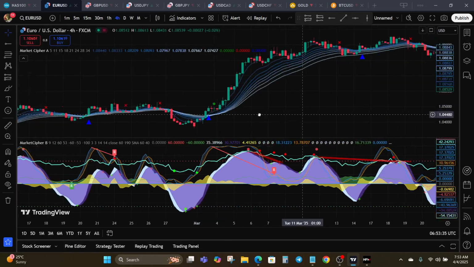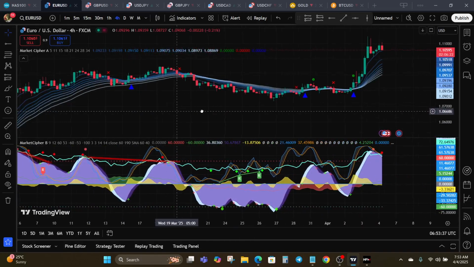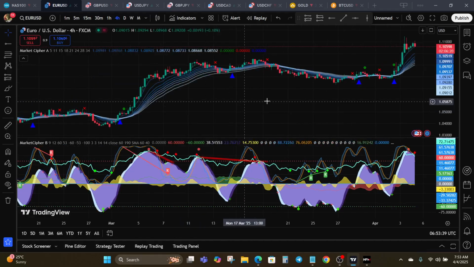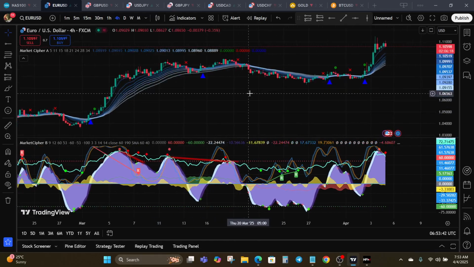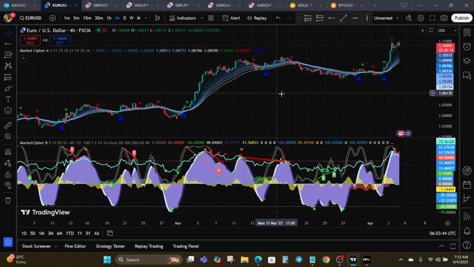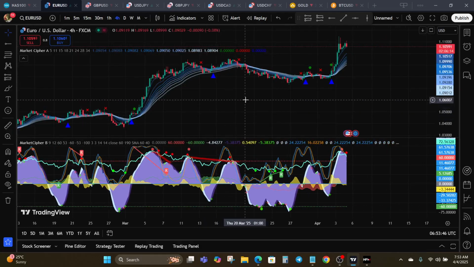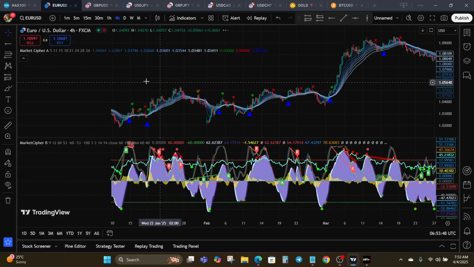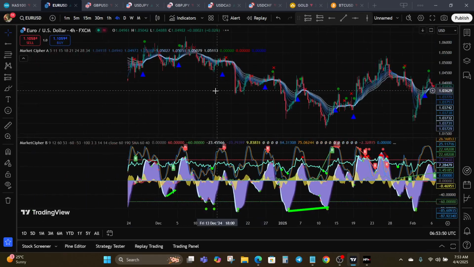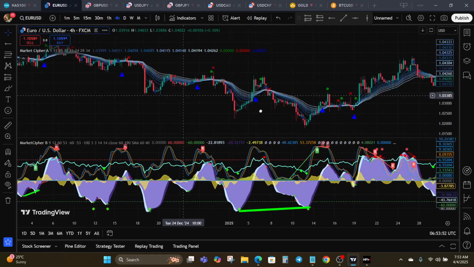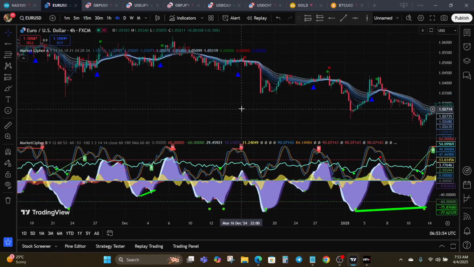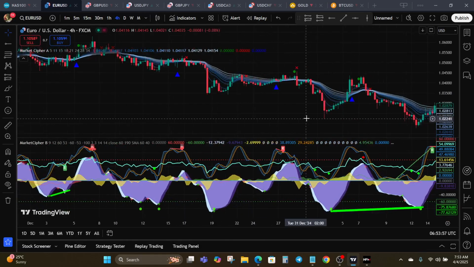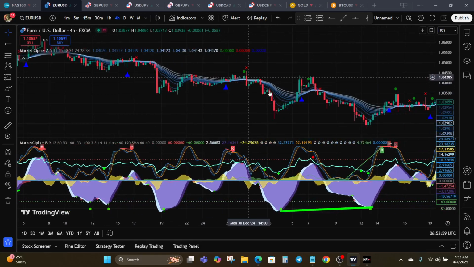Then for shorts, for sell trades, the reverse conditions are the case. Let's look for a good sell opportunity. You watch out for the appearance of the green dots after bearish crossovers from these EMAs, all right?